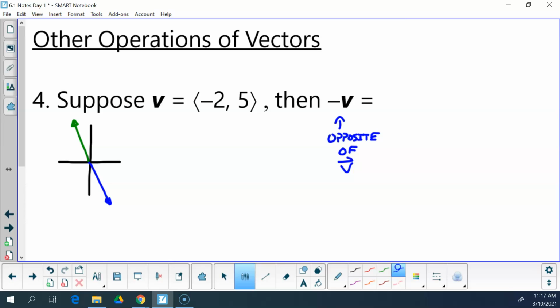But it's going to have the same length. It's going to have the same magnitude. The direction is going to be off by 180 degrees. So one way of doing that is we just negate the horizontal and the vertical components. Think about it.